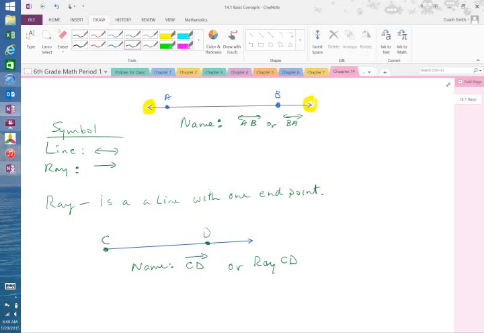You can't name this one DC, okay? Because when you name a ray, whatever the end point is, that has to come first. Okay, so that's ray CD.